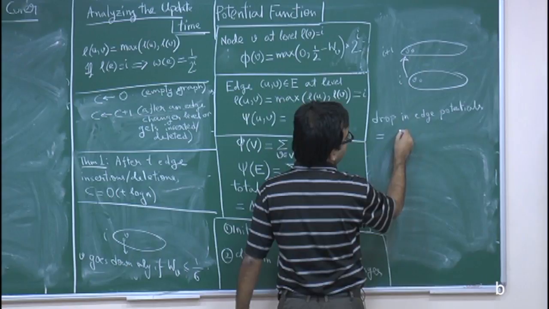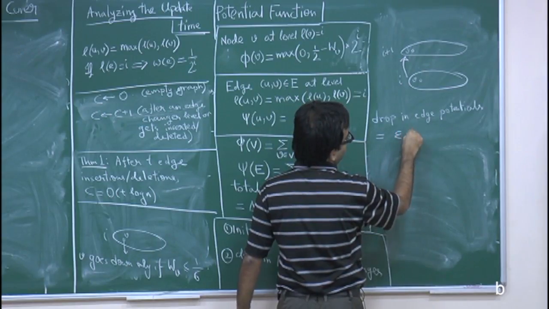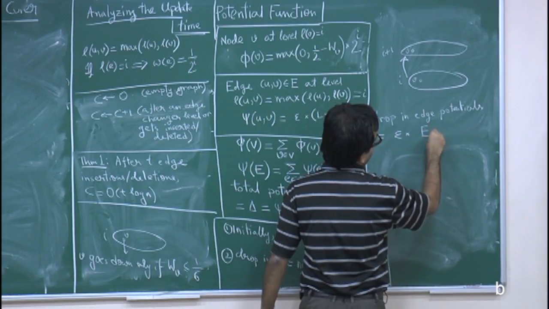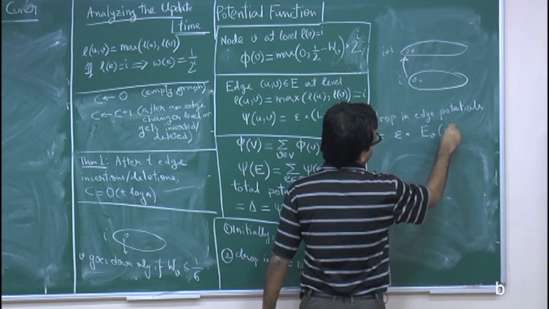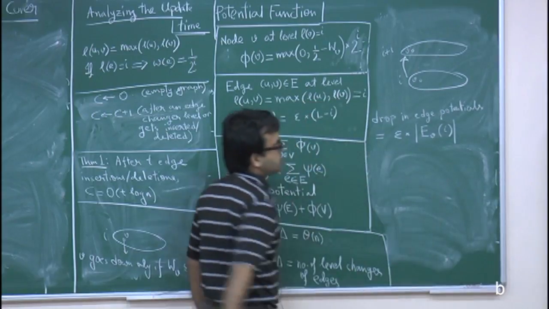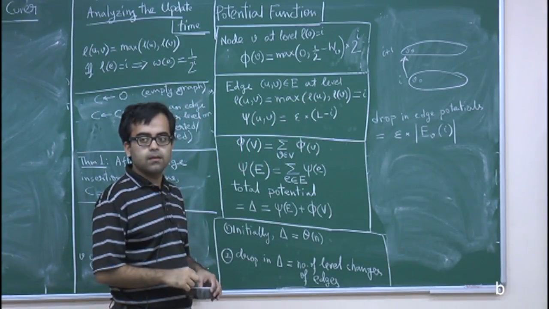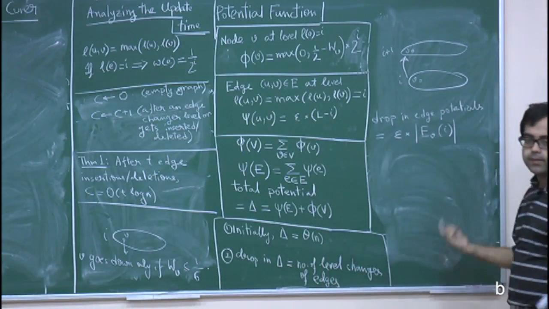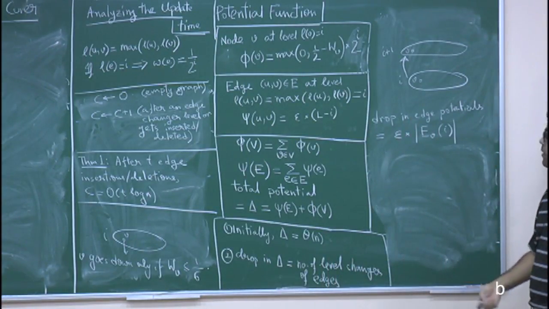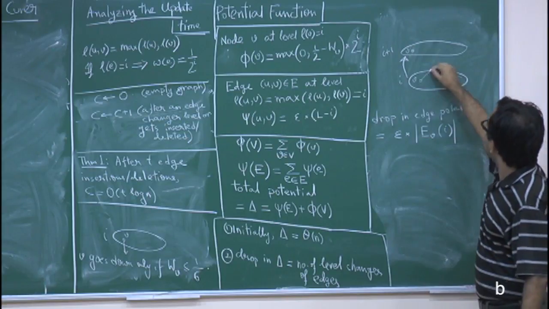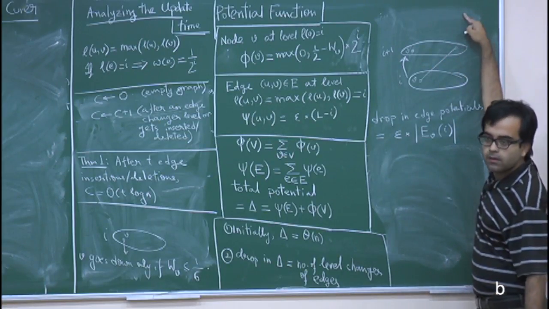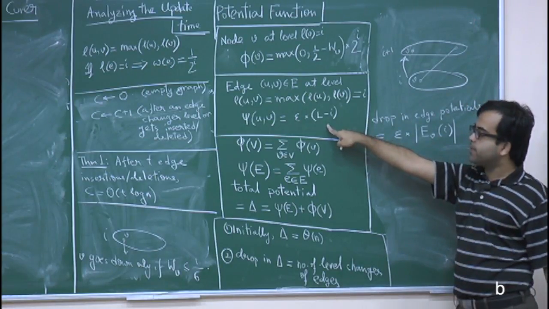It is going to be epsilon times... why? Because which are the edges that will get affected? The edges that are incident upon V. Now, if an edge is incident upon V and the other endpoint is at level I plus 1 or above, will its edge potential get affected?